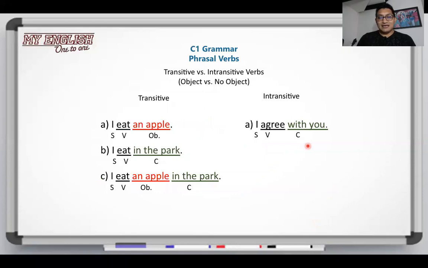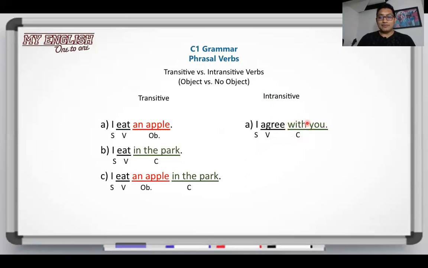Here I have a comparison between transitive verbs and intransitive verbs. As you can see, a transitive verb can sometimes have an object, sometimes it has a complement, sometimes it can have an object and a complement, whereas an intransitive verb never has an object. It can never have an object.